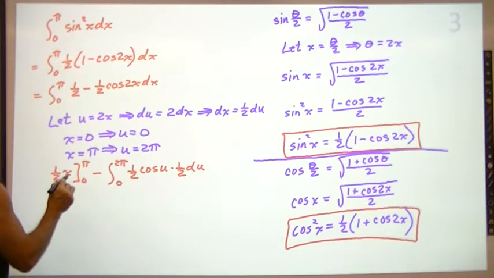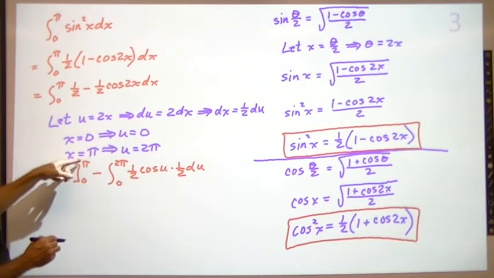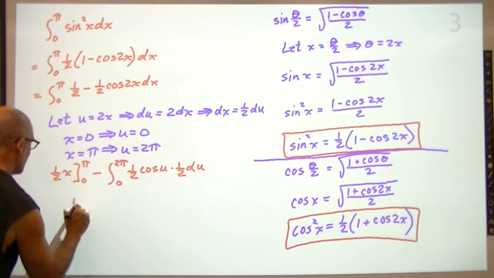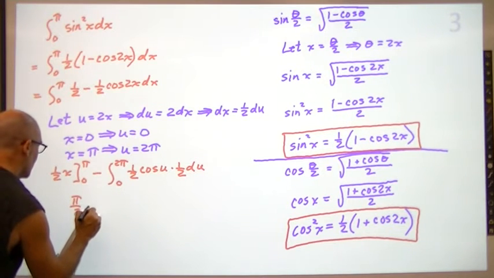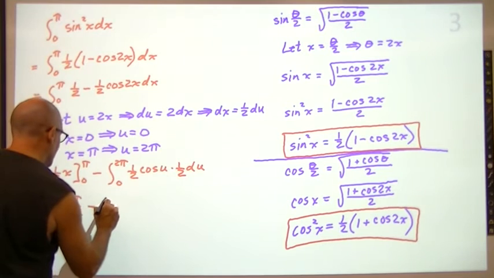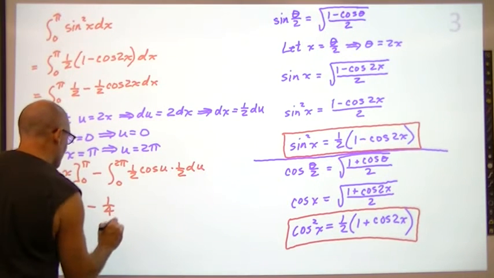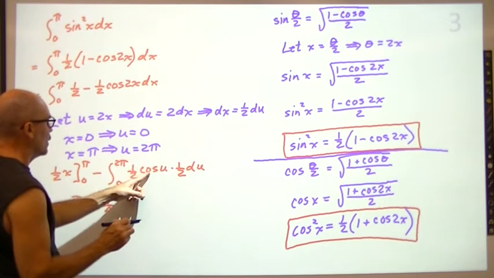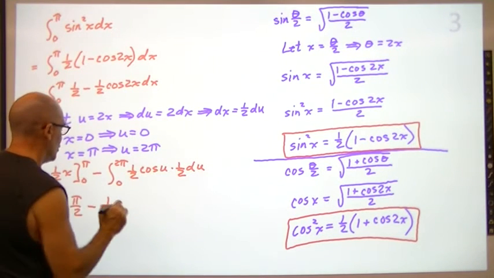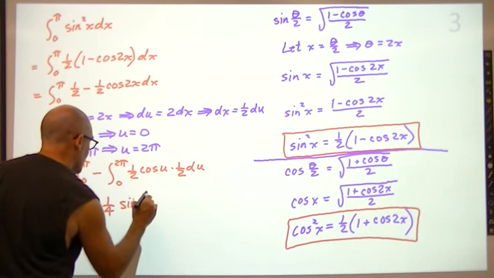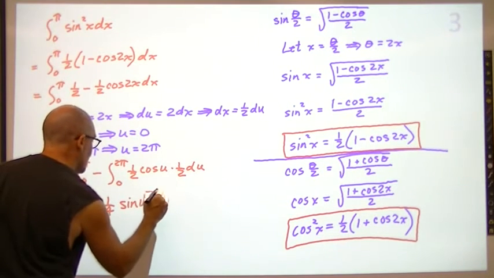Okay, so this is going to be 1/2 pi minus 1/2 times 0, which is going to be pi over 2, minus, now 1/2 times 1/2 is 1/4, times the integral of cosine u du, which is going to be sine u from 0 to 2 pi.